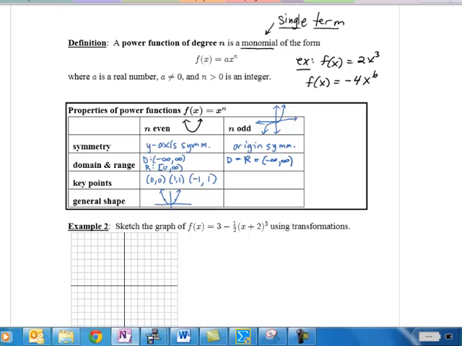That looks like a square bracket on my infinity. I don't want that. The key points we would have on all of the graphs would be (0, 0), (1, 1), and this time instead of (-1, 1), we'd have (-1, -1), because negative 1 to the third is the same as negative 1 to the fifth, is the same as negative 1 to the seventh, and they're all negative 1. And then the general shape is up there.